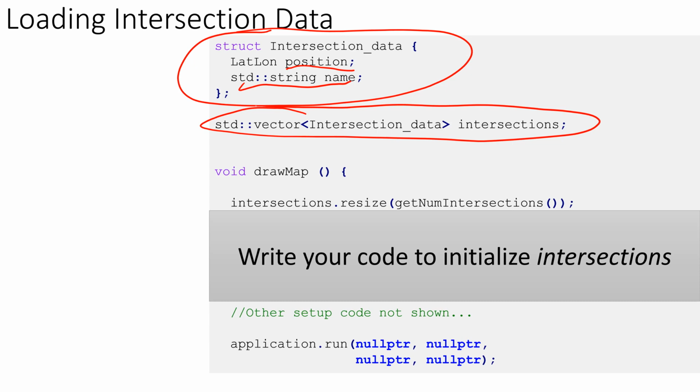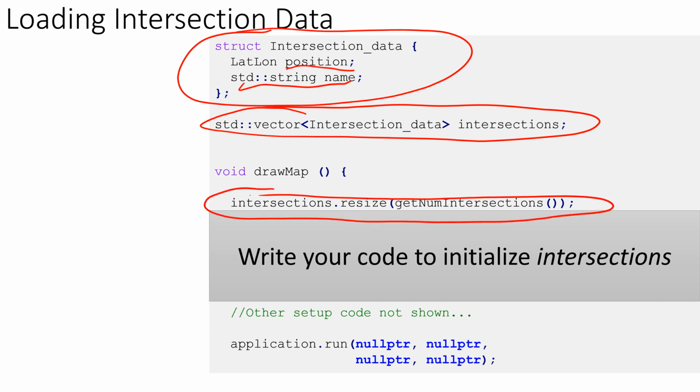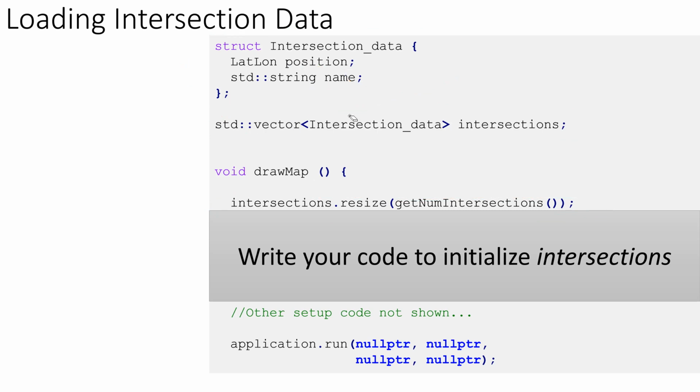In my draw map, remember resize will create an entry with the default constructor for every single intersection. So that line makes a vector that now has about 190,000 or 200,000 entries in it, and now I need to fill them in. Okay, so this isn't very hard.